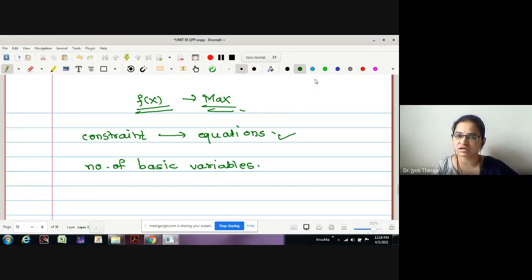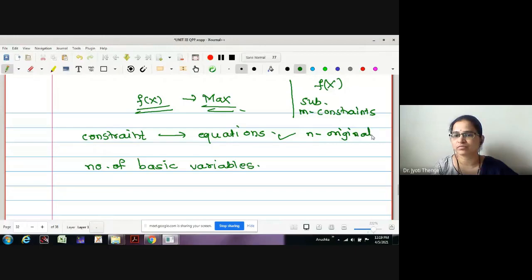Let us consider the general linear programming problem: f of x subject to m constraints involving n original variables. How many basic variables were we considering in this situation?